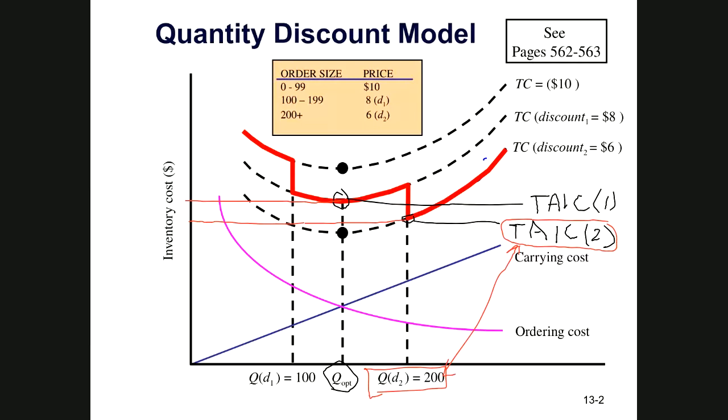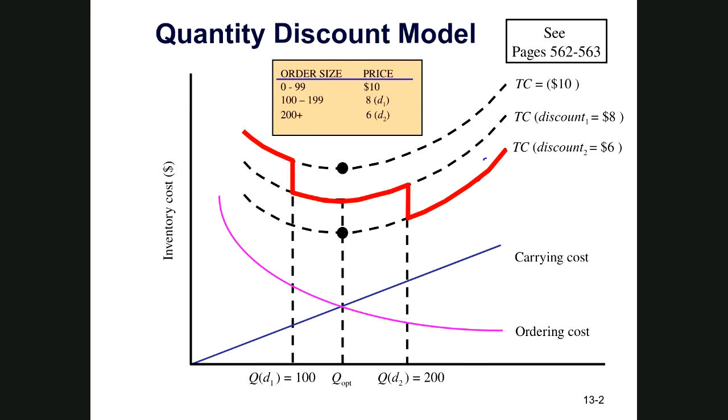Now, there's of course another situation that could happen. Hypothetically, let's ignore this for a minute and say that this was not the break point, but that the next order break point occurred somewhere out here. Instead of 200, let's say 300 was the next break point that went to $6.